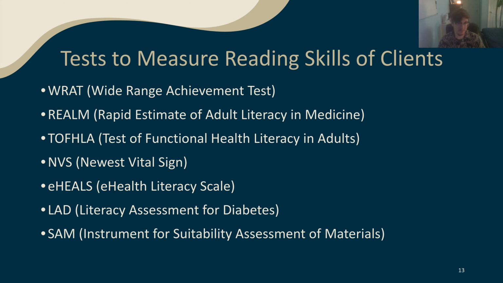So this one's definitely something that's becoming more and more relevant in the modern world where everything's online on a smartphone or a computer or whatever. And then down here we have SAM, Instrument for Suitability Assessment of Materials. This is, just as it sounds, essentially a tool used to find out exactly how suitable a certain material is for clients.